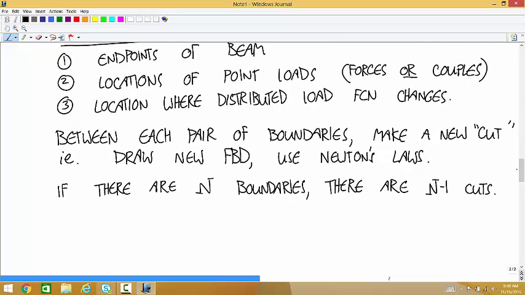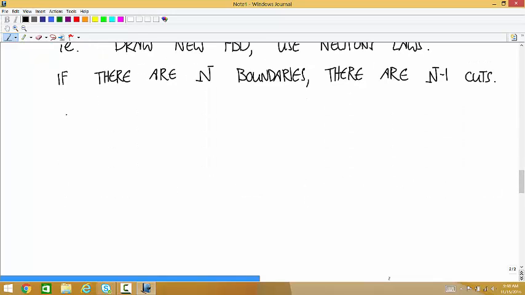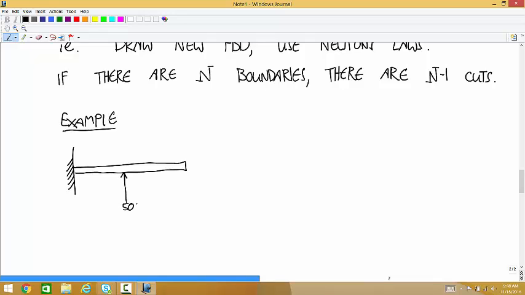Okay, so let me go through another example, and we'll think about it in this way. We haven't done one yet where we've had to calculate the external loads on the beam before we started, but we're going to in this example. So let's say we have a cantilever beam, and there's a 500 Newton force acting up in the middle.